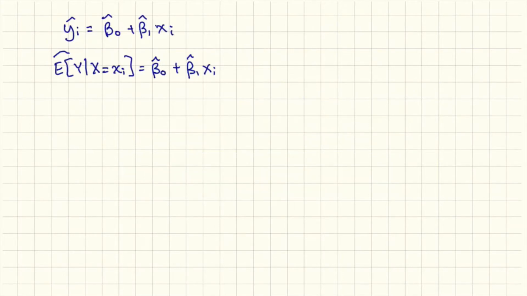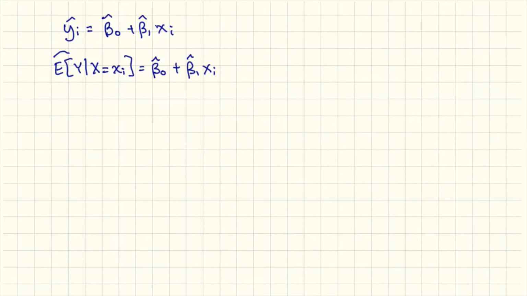You'll recall that when we first started talking about linear models, I gave you two forms of the linear model. One with a y_i hat, and one with this expectation of y given x is some value. So we're going to talk a little bit about the distinction between these two.